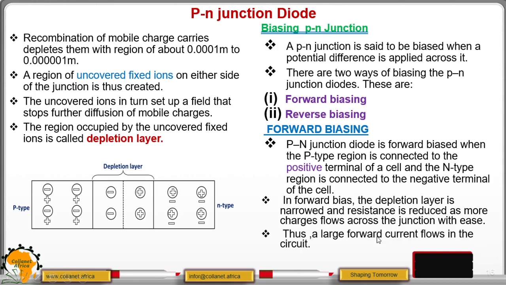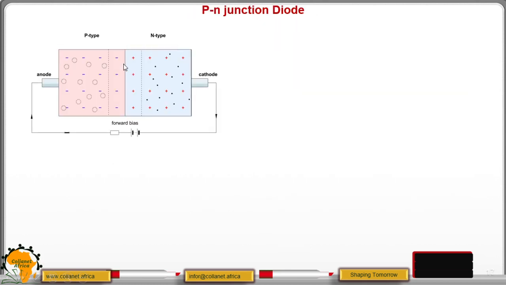By so doing, there will be a large flow of current in the circuit, as shown in this diagram. As you can see, the electrons and holes are moving, and some of the particles are combining.